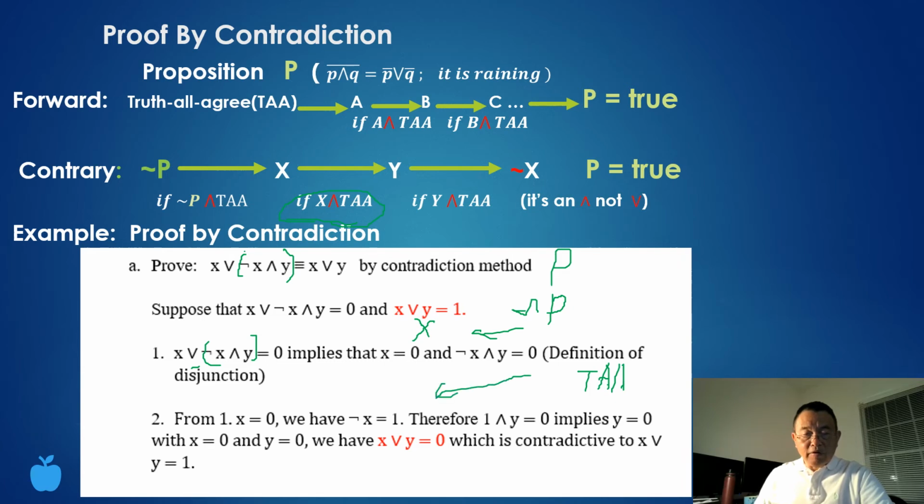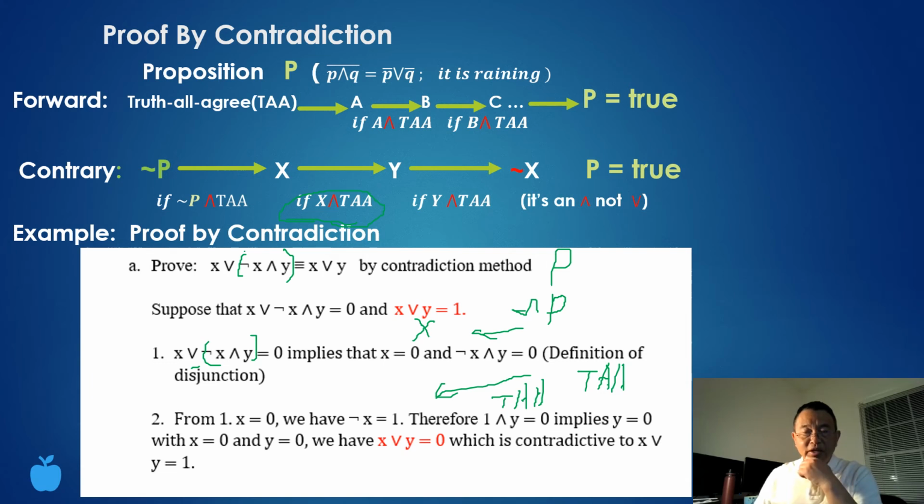And then from 1, X equals 0 and that equals 1, because one should be 0 and the other should be 1. This implies a truth that we all agree on. You must follow this idea: even though there are many different theorems, you should be clear about what new statement you are trying to derive.